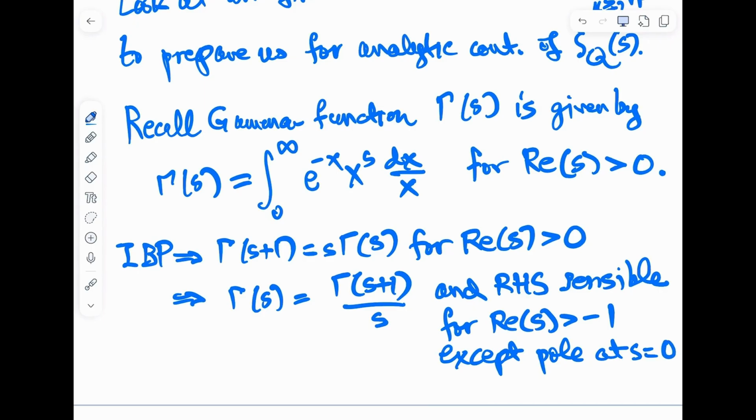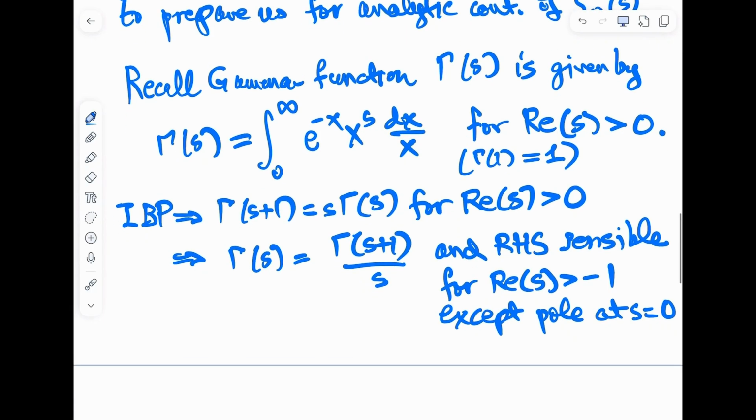Gamma of 1 is the integral of e to the minus x over the positive numbers, and that's just 1. So you're going to have a simple pole at 0, and then you can take this formula for gamma of s. This defines the gamma function for the real part bigger than -1.